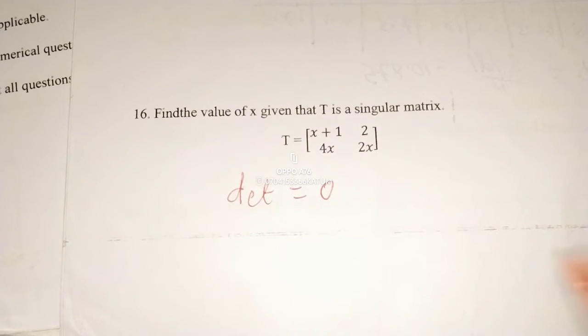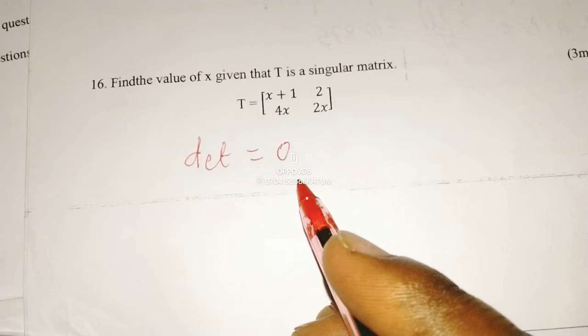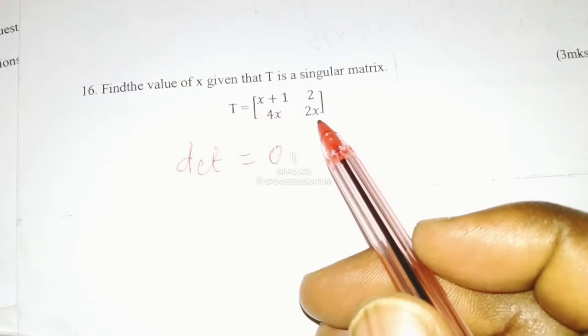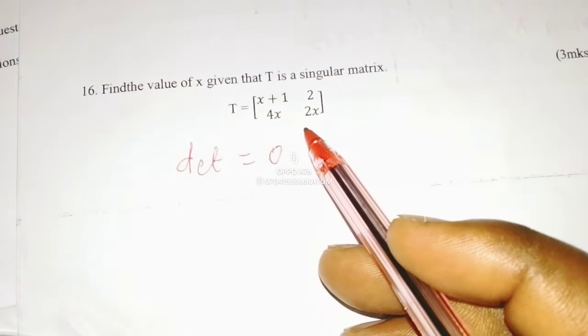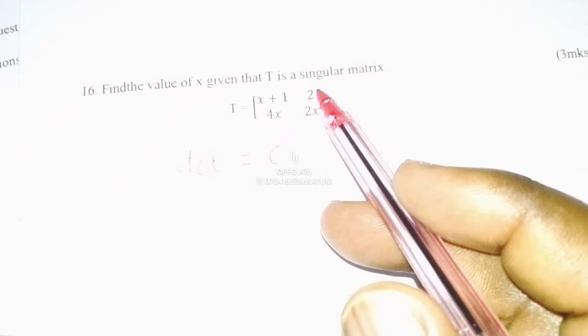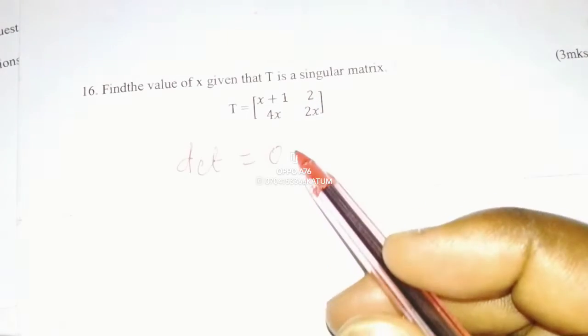So if the determinant equals 0, then we can express our determinant such that the product of the elements in the leading diagonal is multiplied with the product of the elements in the other diagonal of the matrix, and we equate them to 0.